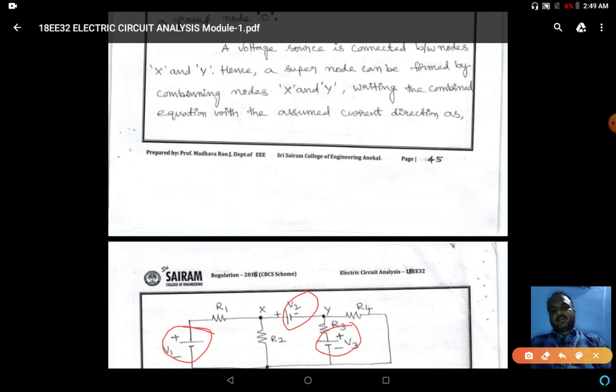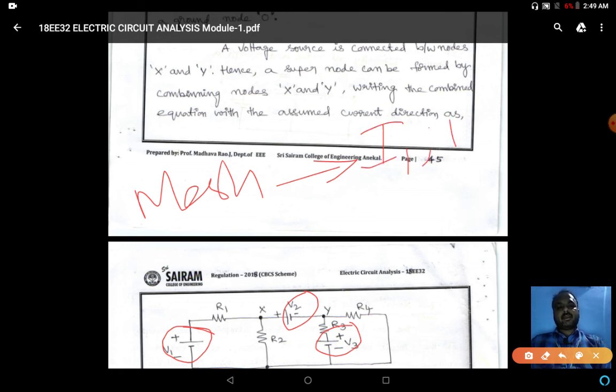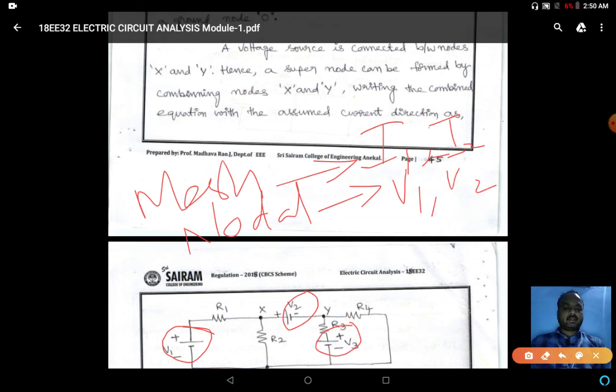Earlier we have seen mesh analysis, where we can use mesh or super mesh analysis and identify the loop currents I1, I2, etc. Nodal analysis we can use to identify the voltages at nodes V1, V2 like that.